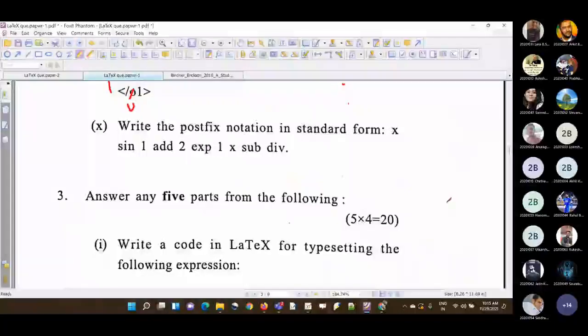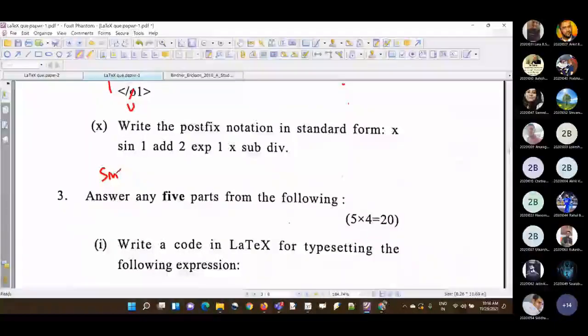If they write sine and 1, and then add, it means they are saying sine plus 1. But sine alone has no meaning.